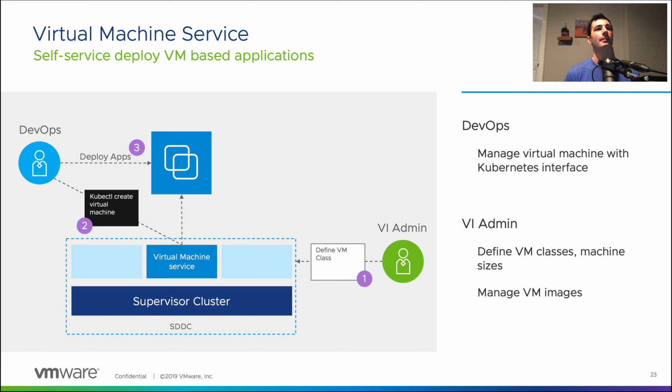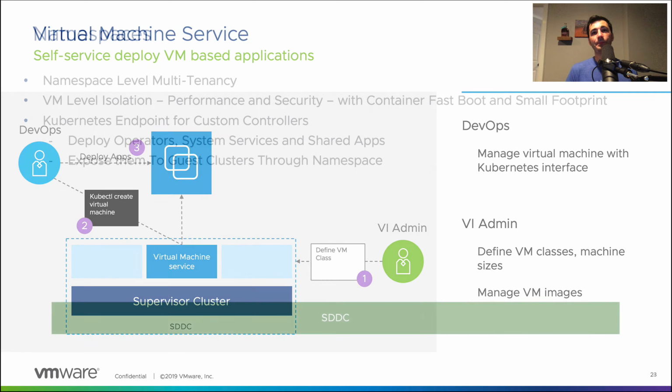I can utilize the command line to create that virtual machine and deploy it. But as a VI admin, I have to create that VM class that somebody can utilize. And as an admin, I can also manage what that image looks like as well. So it makes it super easy to understand exactly how I can utilize this as an infrastructure as a service type of offering.